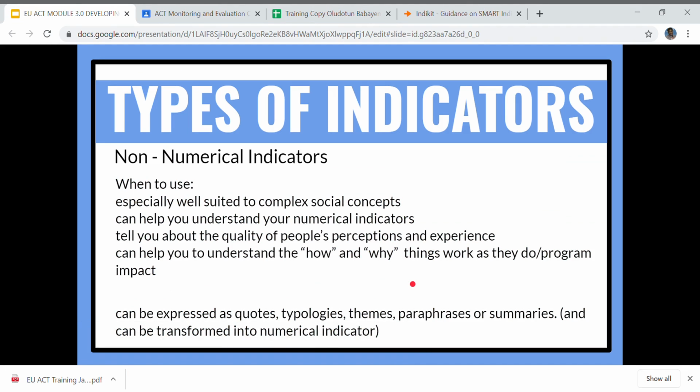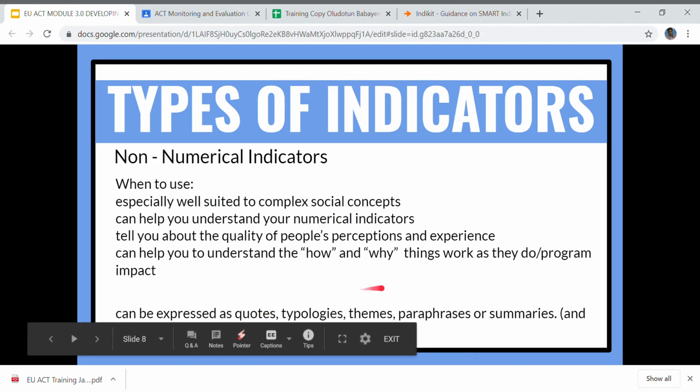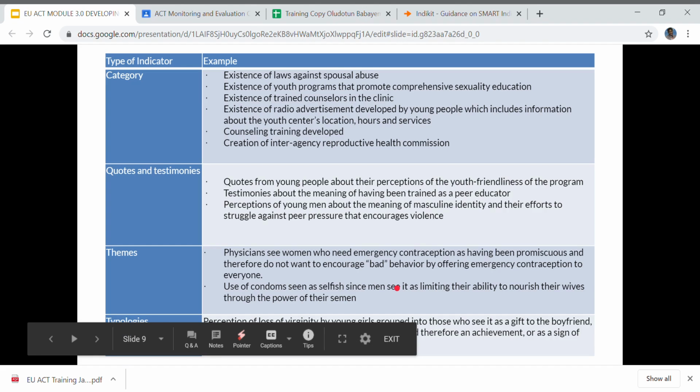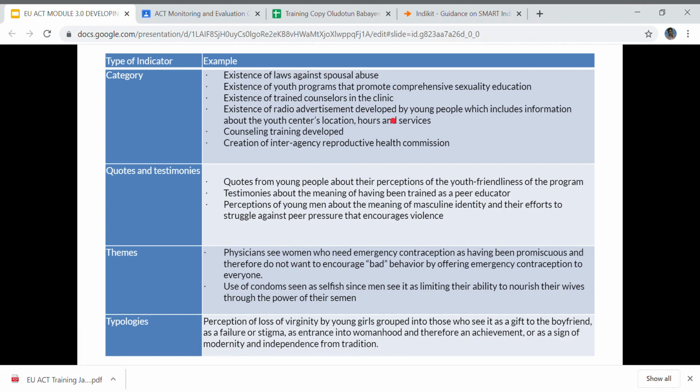Most times we forget to include them, and they can be expressed in terms of codes, typologies, themes, and case studies as well. So in terms of category, think about existence of laws, existence of trained extension workers, existence of program participants that can step down the trainings you have provided for schools or for lawyers or for public defenders.